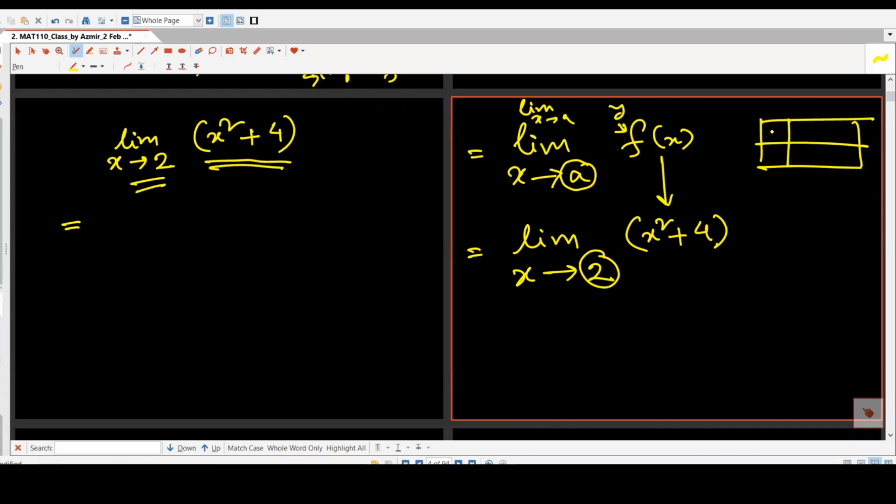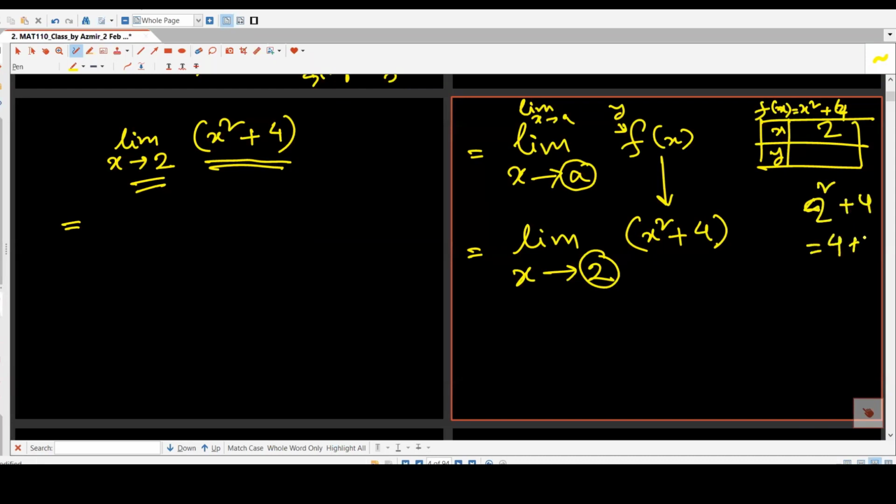If we take some values of x, we will get the values of y. So we are asked to find the value of y when x is 2. We have x squared plus 4, that is f of x. Where we have x, we can plug in 2. That means 2 squared plus 4.